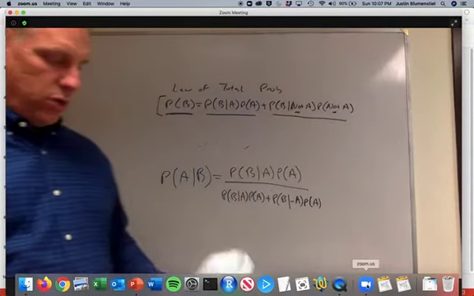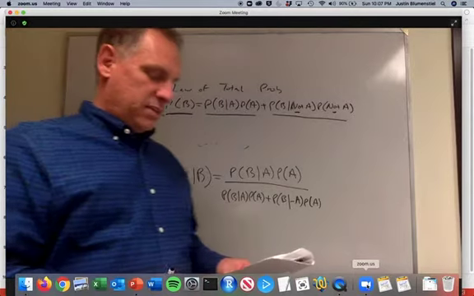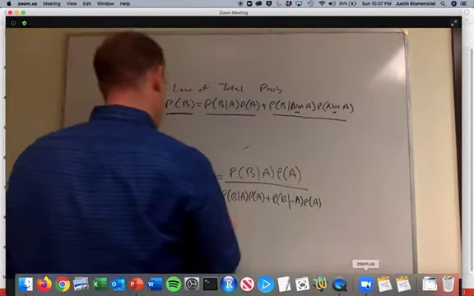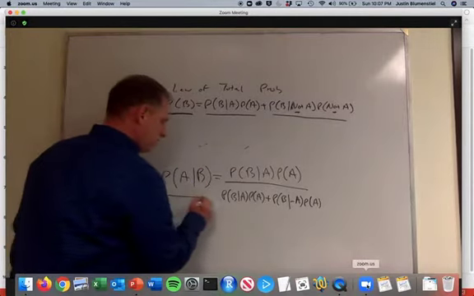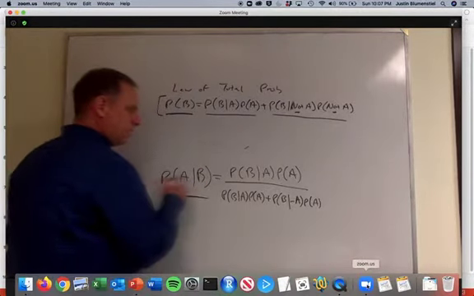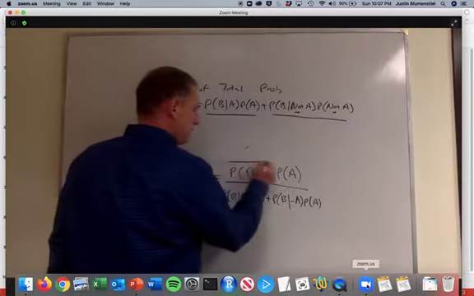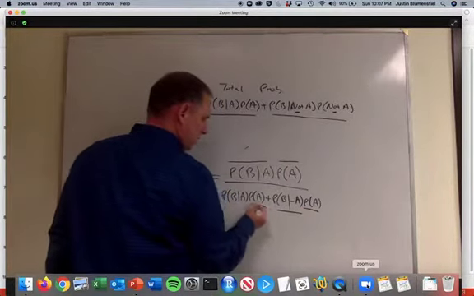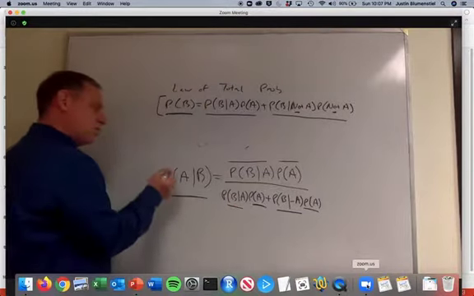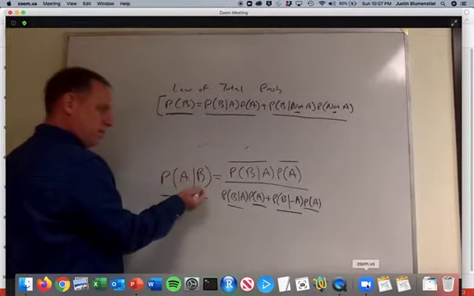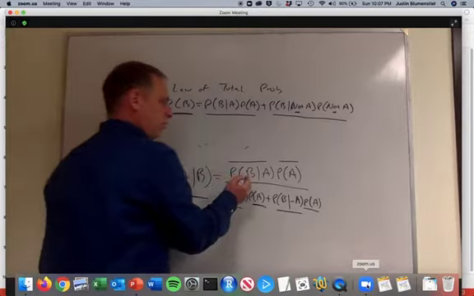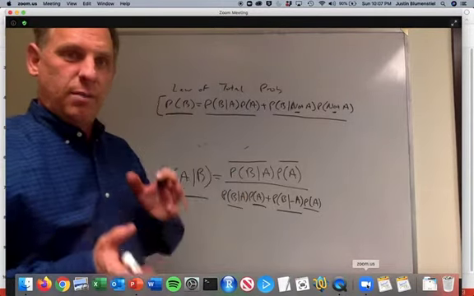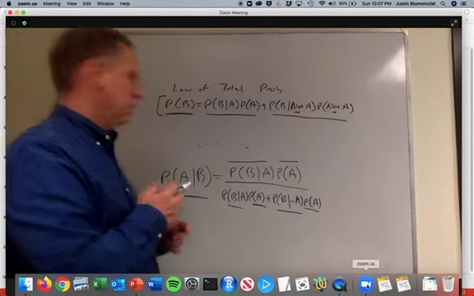But what I'm going to show you in a moment is that this is going to be very helpful because sometimes this is hard to know, but we can easily figure out all these other ones. Sometimes you don't know what the probability of A given B is, but you can figure out the probability of B given A. I'm going to cut to the chase for a moment, but then I'm going to backtrack a little bit.